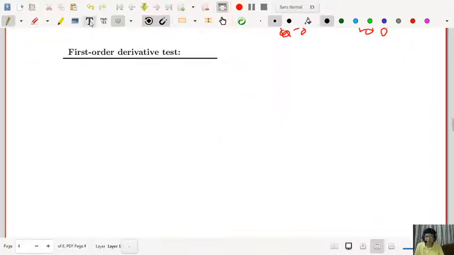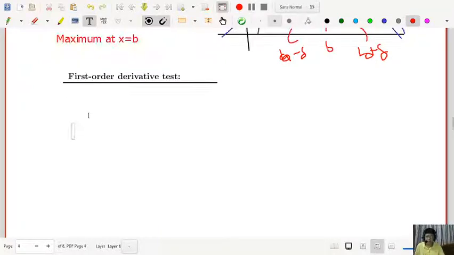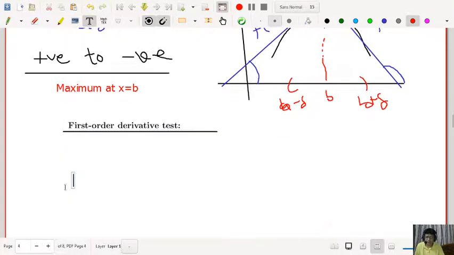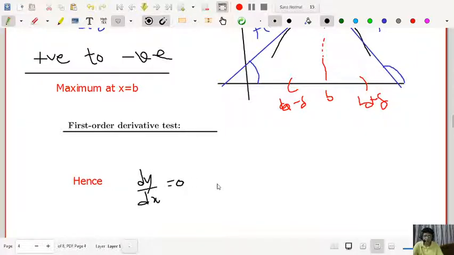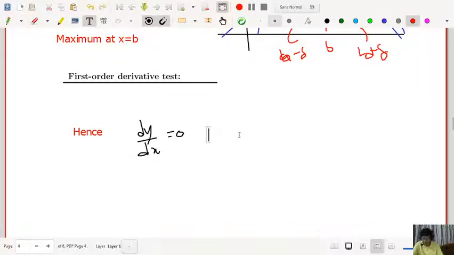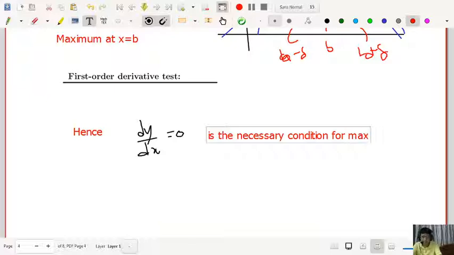Let me conclude here in the first order derivative test, because I already explained this diagram. So from here we can conclude that dy/dx equal to 0 is the necessary condition for maxima and minima.